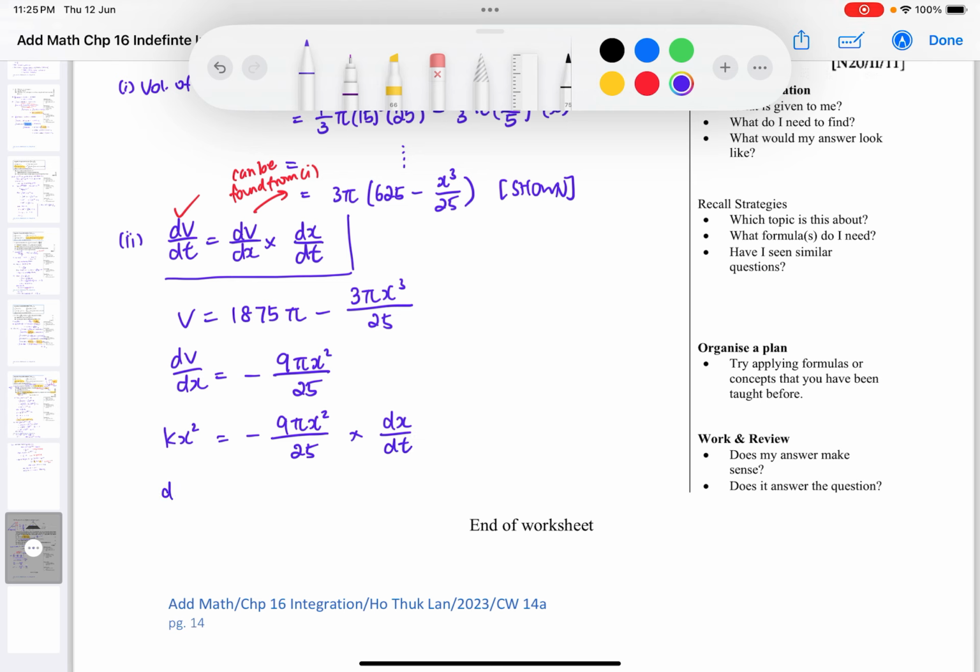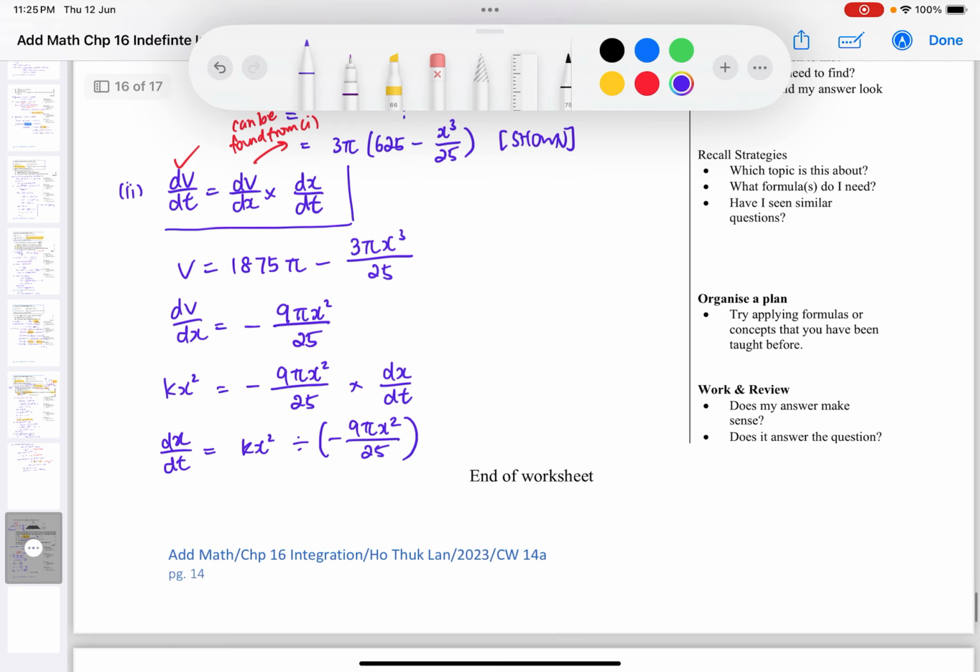So therefore, dx over dt is equals to kx squared divided by this expression, which can then be simplified to keep change flip. Oh, x nicely cancels each other out.